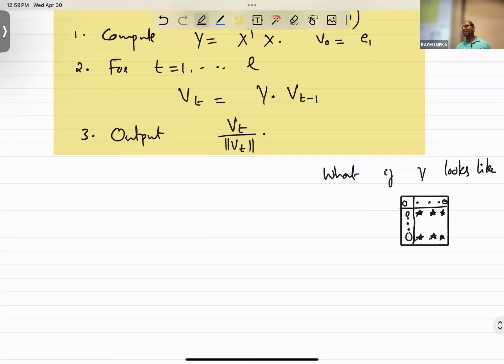For whatever reason, somehow I ended up in a situation where the first column was 0, then it doesn't mean the first principal component is 0 because there are still non-zero entries here, but I'm extracting the first column, so I'm stuck. Okay. So what's the fix for that? We don't know which column is going to be non-zero technically, so you have to be a bit careful. Okay. So the idea is to just pick a random vector instead of E1.